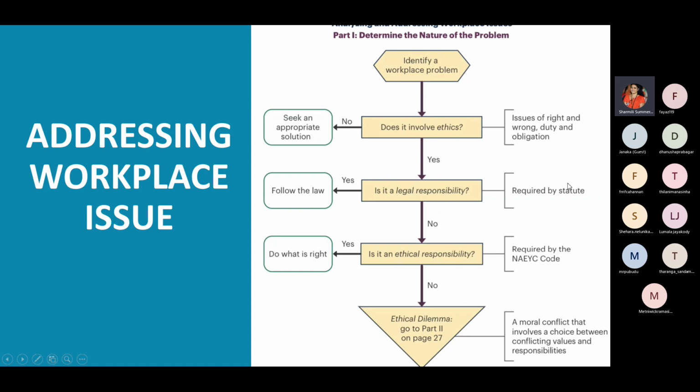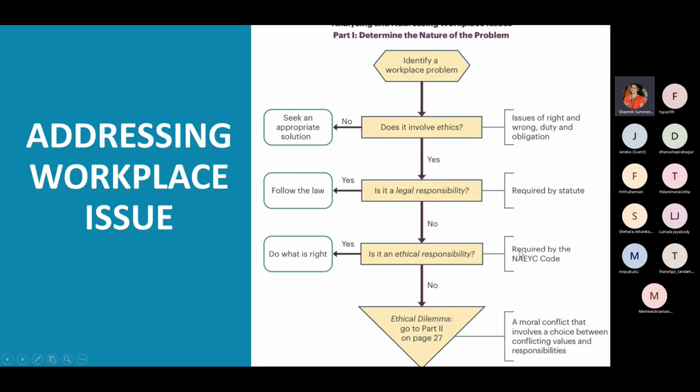But if there is no legal responsibility, that means the identified problem, although it is an ethical one, can't be solved according to legislation. There is no legislative framework to show as evidence. In that case, you are going to check whether there is any ethical responsibility.